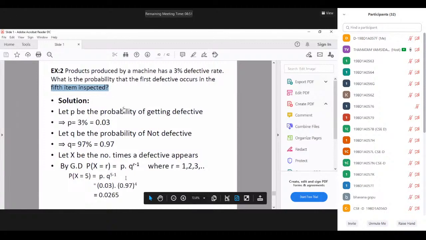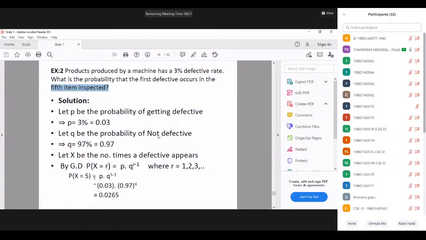See the previous one and this one, a small difference is there. Previously they were asking for a minimum of 5, that is, more than 5. Here it is exactly x equals 5. Probability of x equals 5, we know that it follows the geometric distribution.